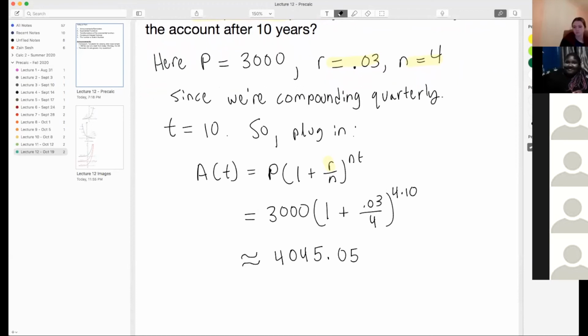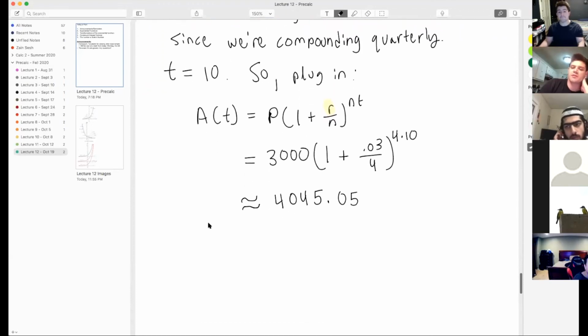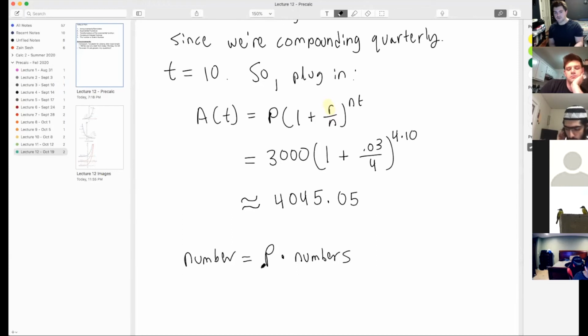So to get P, just real quick, could we just do everything in the parentheses and then how would we go from there? Right, I'm going to give you everything but P. So you would have a number on the left side, which is equal to big P times another number here. So how do you solve for P? You just have to divide both sides by that number.